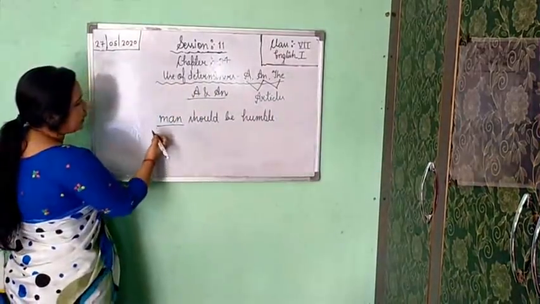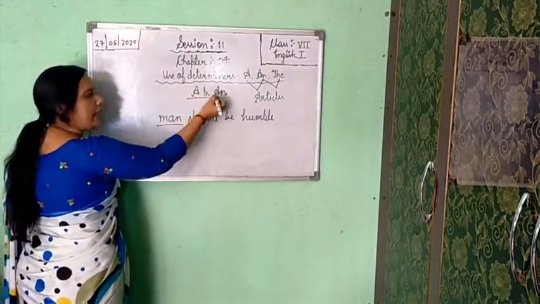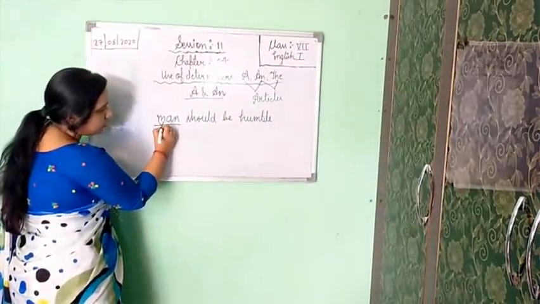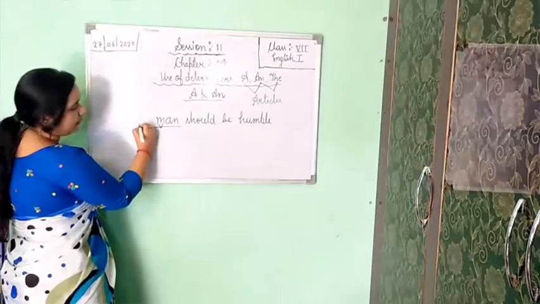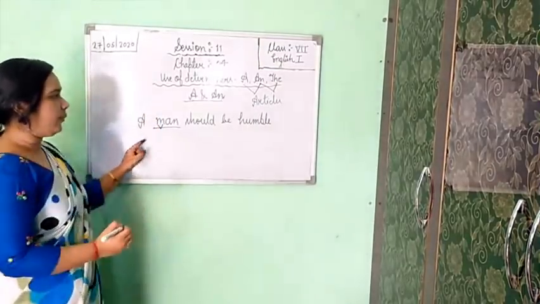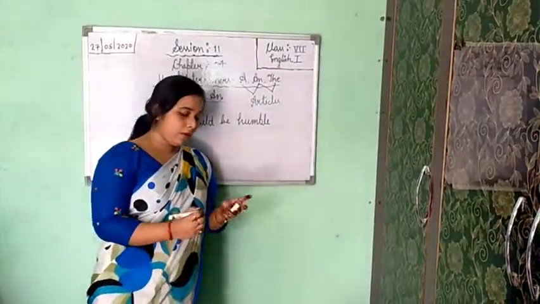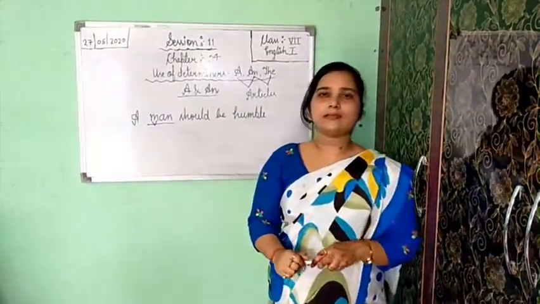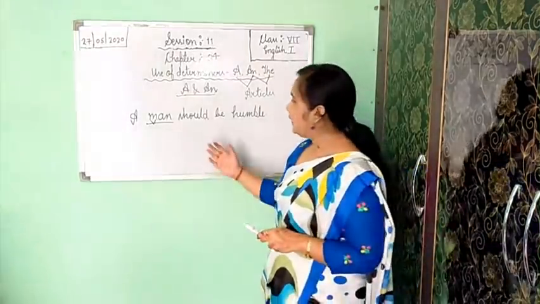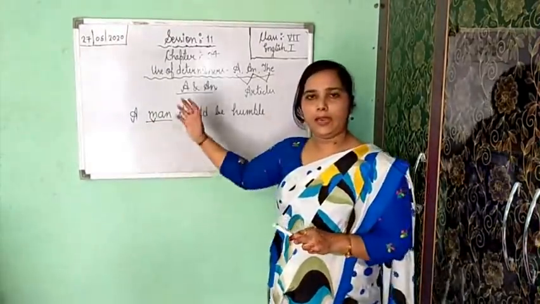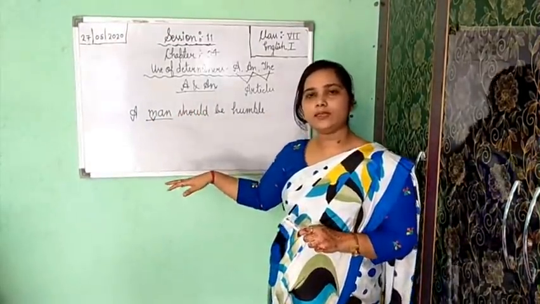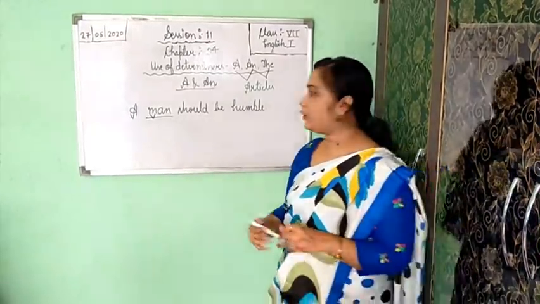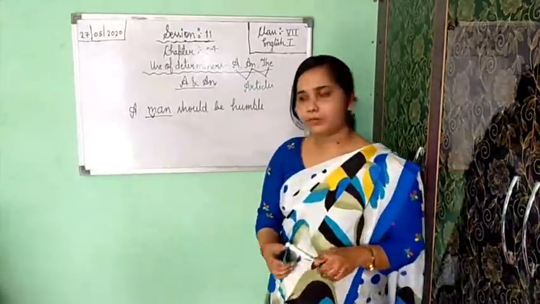Okay, so here whether you will put article a or an. Now see, man, the pronunciation is consonant sounded, so simply you will put a. A man should be humble. Okay, for the person which is spoken of as the representative of a class, then you will put a or an. If you are getting a vowel sounded word, then you will put an. If you are getting a consonant sounded word, then you will put a before that.